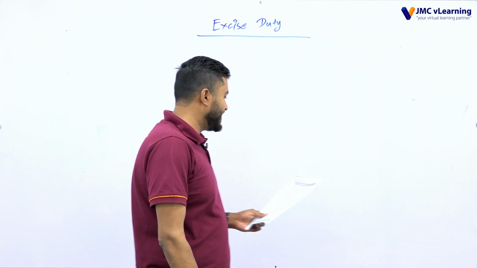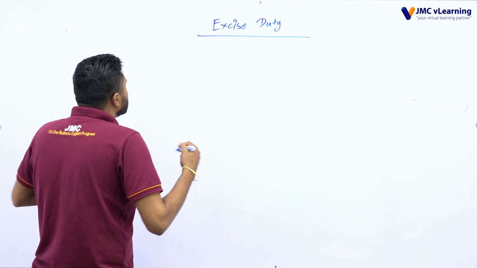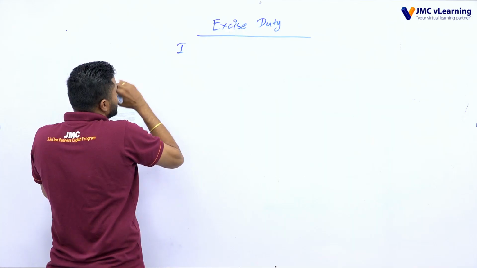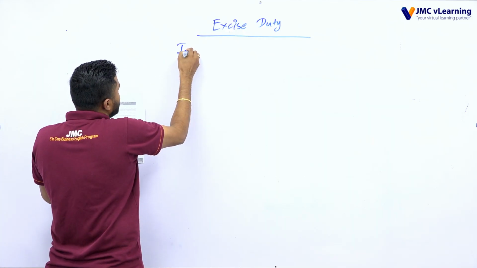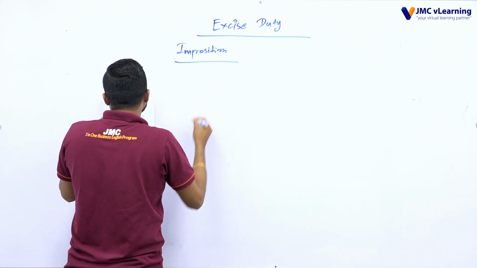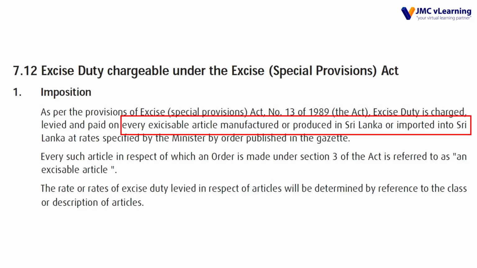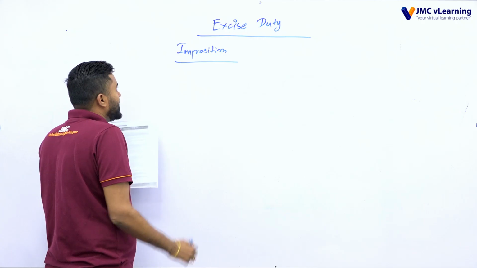Right, then we can discuss the excise duty. For the excise duty, we should first know what the imposition of the excise duty is. So this excise duty will be imposed on every excisable article manufactured or imported to Sri Lanka.